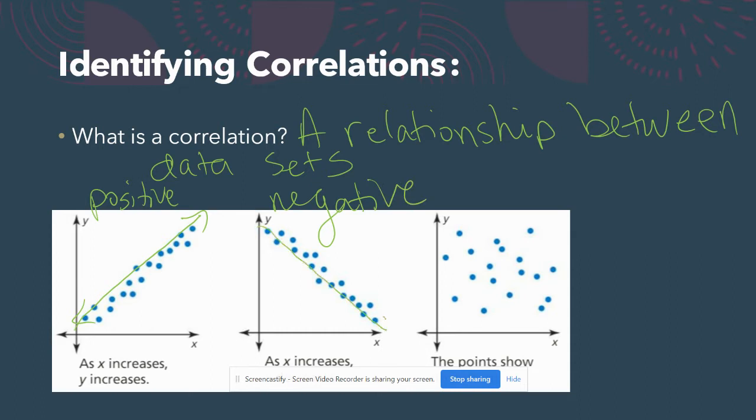Again, if I were to draw a line through those dots, it would go down, negative slope, negative correlation. And then this last one, I couldn't try to fit a line anywhere in there, going up, down, sideways, anything. So this would have no correlation. They're just 2 random sets of data that are not doing anything to help each other out.